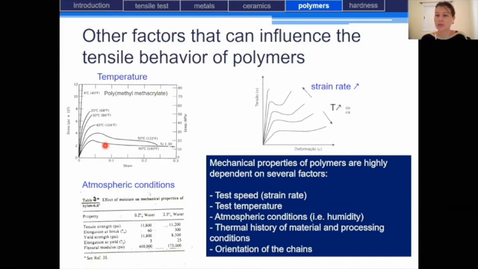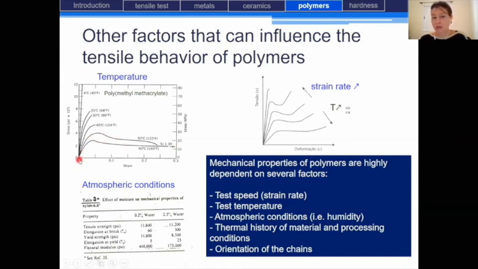So let's remember, for an amorphous thermoplastic polymer, we have the glass transition temperature. In that case, it is about 100, I think. When you are above 100, you have a ductile material.